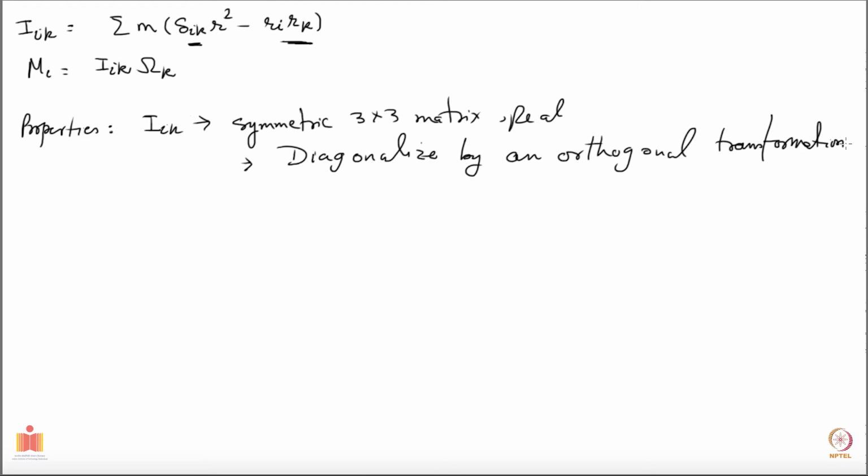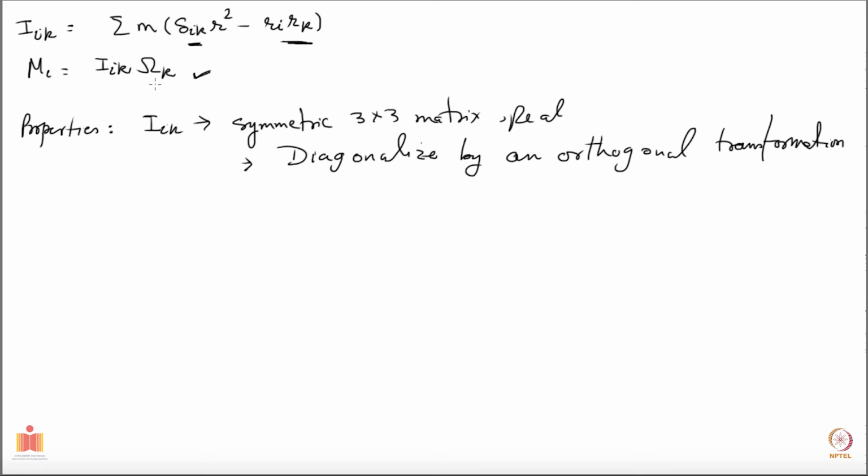So if at a given instant your body is rotating about some axis, this relation is telling you that in general the angular momentum will not be along that direction, which is contrary to the experience most of us have had in our education, if we have not already encountered this before. Most of the time, if you have not seen this before, you have only seen those cases in which the body has angular momentum in some direction and the object is also rotating about the same direction. And now I am saying that this is not the case, because you have a much more complicated relation here.